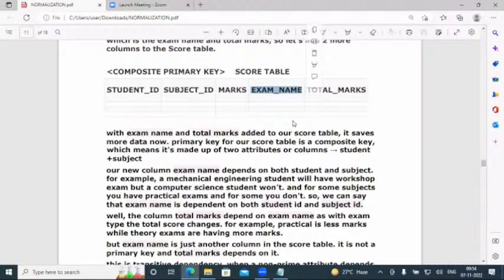How many? 5 subjects, 600. Project, engineering drawings. So 600. No, na? Labs. So total, tell me. 1,000. 1,000.